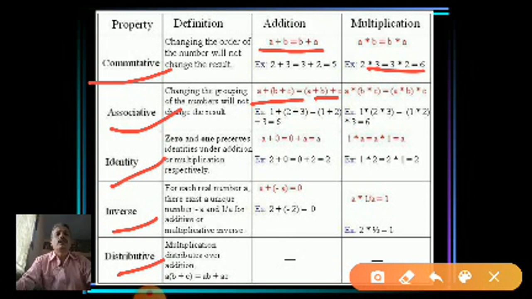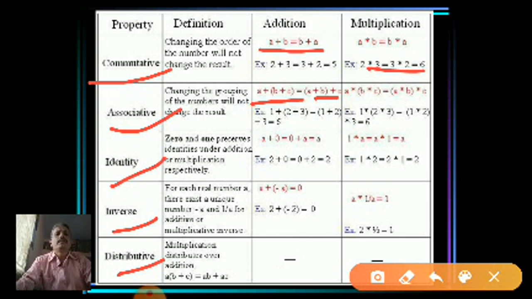Identity for addition is 0. Whenever you add 0 to any number, the answer remains the same number. Identity for multiplication is 1. If you want the same number, which number do you have to multiply by? 1. Suppose there is a 9. How to get 9? Very simple. 9 into 1 gives 9.